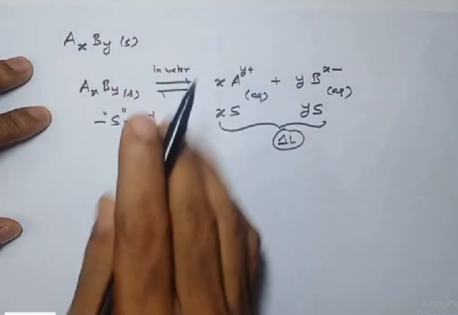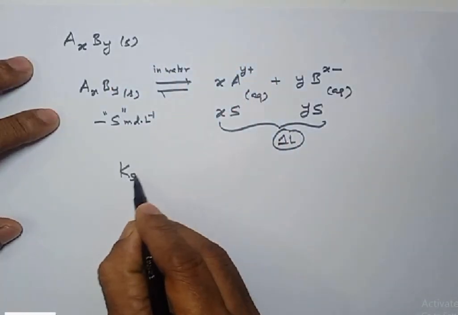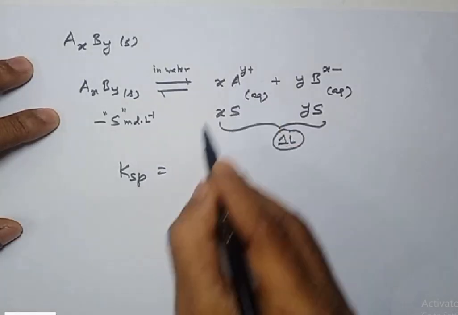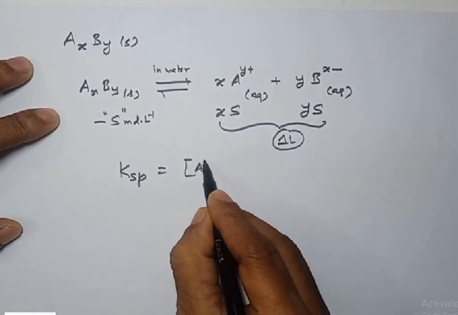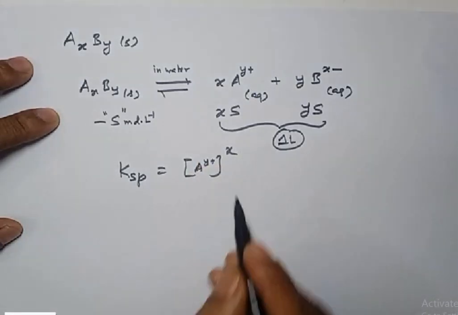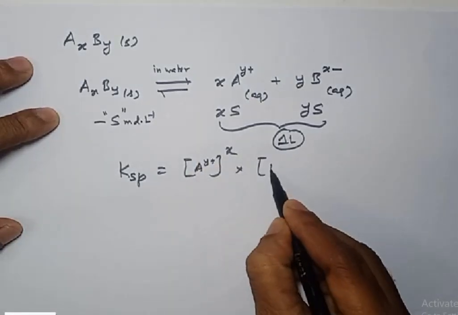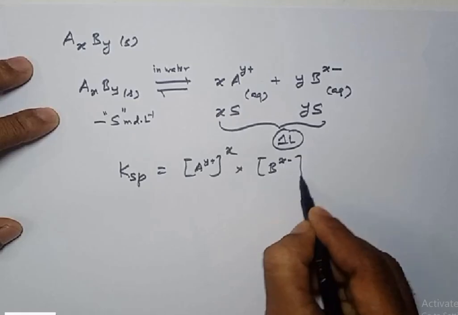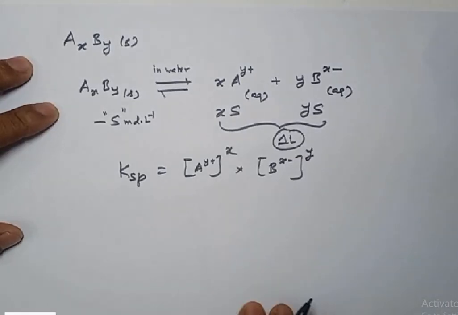Now first I'll write the solubility product for this salt. Solubility product equals the concentration of A^(y+) ion to the power x at equilibrium times the concentration of B^(x-) ion to the power y at equilibrium.